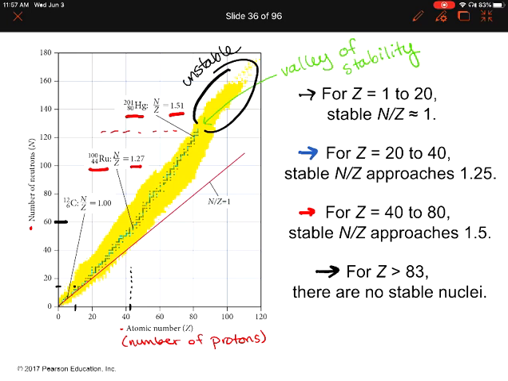Let's guesstimate. That's right around there. So that's not on the valley of stability; that's just above it. We also saw before that for anything with an atomic number between 40 to 80, the stable neutron to proton ratio approaches 1.5. We're not near 1.5.